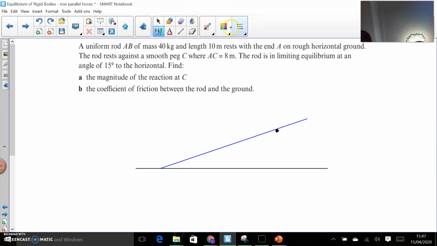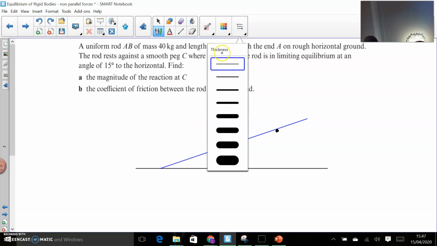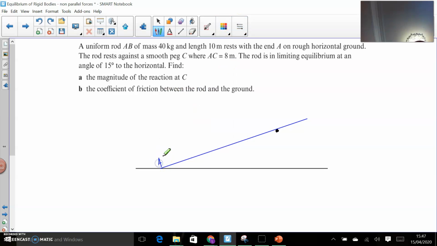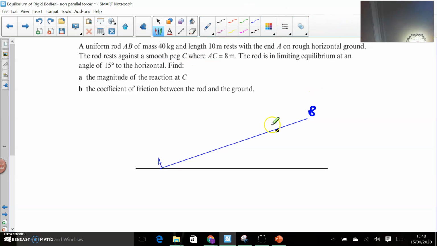That's A. We'll mark that in. B is the other end, and the peg is at point C, which is there.